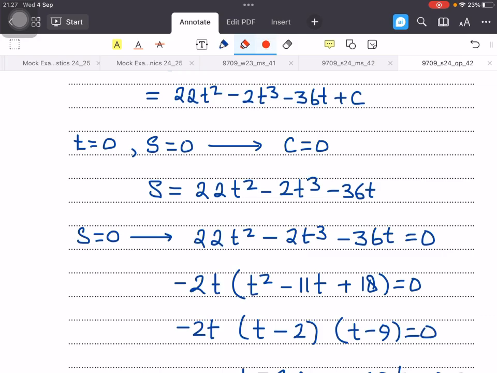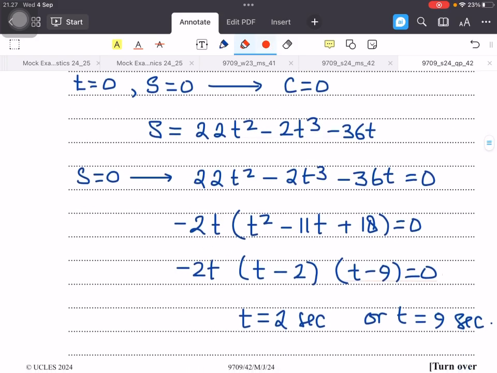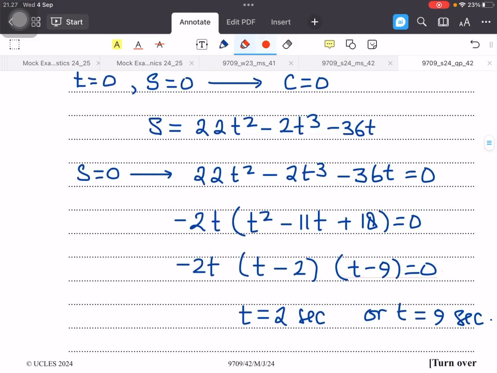And then we do the factorization. And then from the factors, we know that t equals 0, or t minus 2 is equal to 0, t is equal to 2 seconds, or t is equal to 9 seconds.